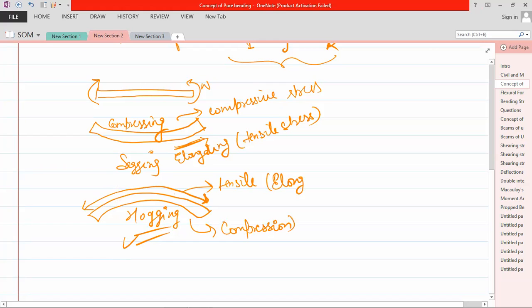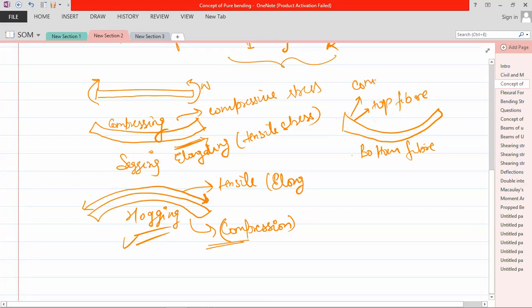Now, suppose I look here, this is the top fiber and this is the bottom fiber. Fiber means plane. You can see that this is a plane. So if it is compressing, it means it is shortening, and the other is elongating.